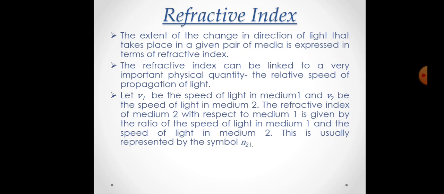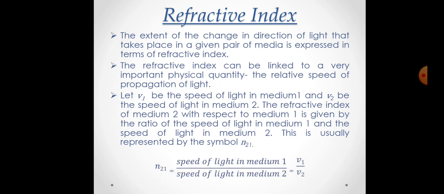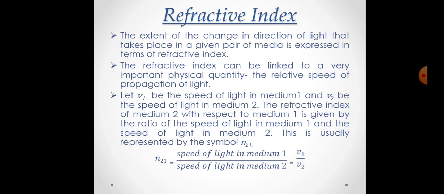This is usually represented by the symbol n21. So we can say that the refractive index of medium 2 with respect to medium 1 is the speed of light in medium 1 divided by the speed of light in medium 2.